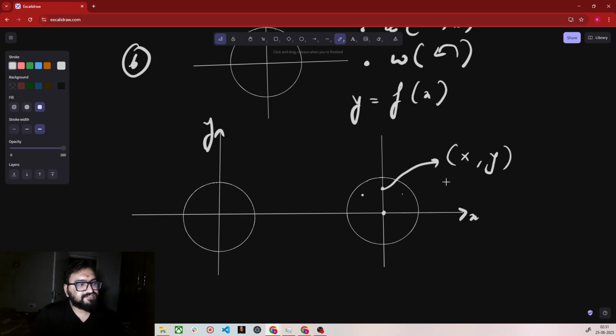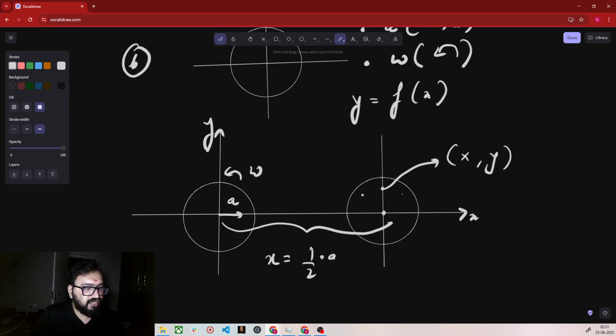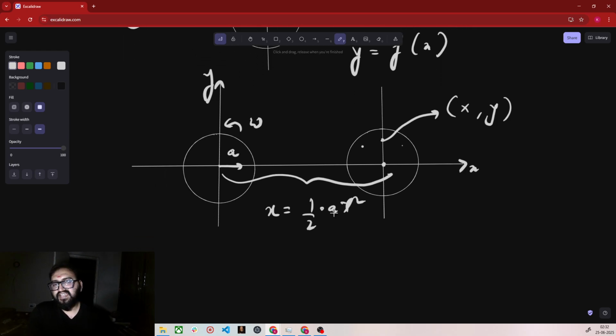Now what will x be? x will essentially be this distance, that is the distance that the axis of the disk has traveled at time t. Now the axis of the disk was moving along the x direction with a constant acceleration of a, and the disk had a constant angular velocity of omega. So x can be written as half into a into t square. This is basically my second law of motion.